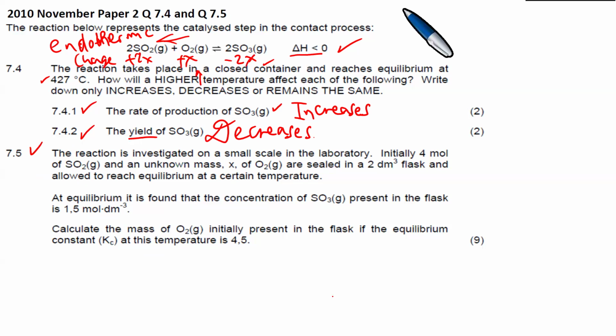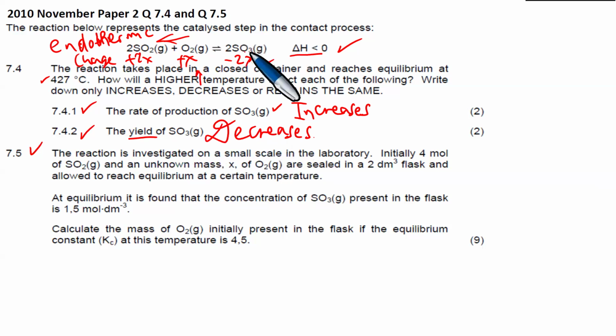So why do you say plus 2x and plus x? It's because when the temperature increases, the reverse is favored, meaning the yield of the SO3 decreases.